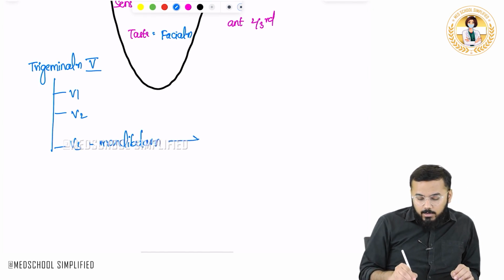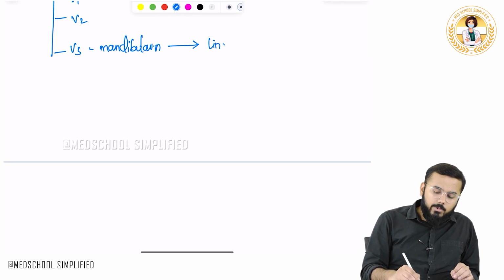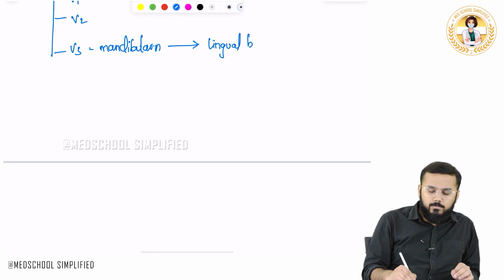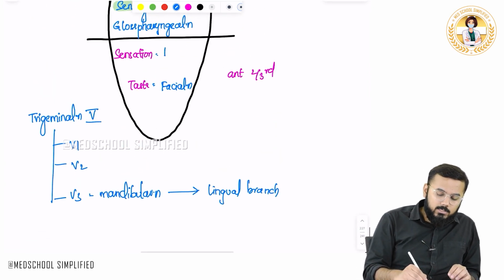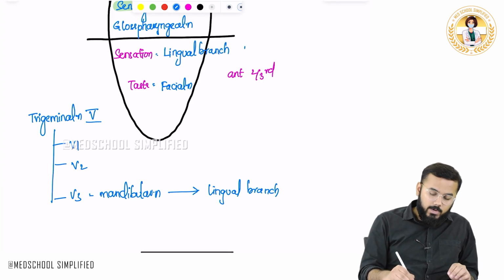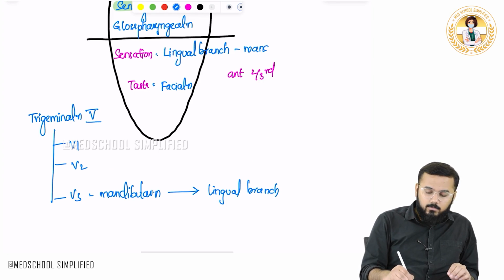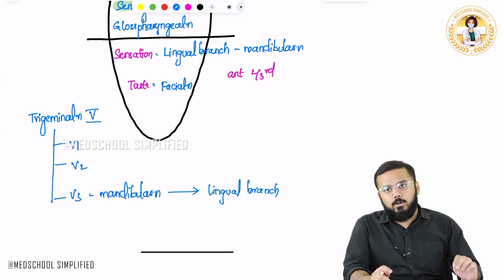And this mandibular nerve gives rise to a branch called the lingual branch. That lingual branch is carrying the sensations. So it is the lingual branch of your mandibular nerve, right?